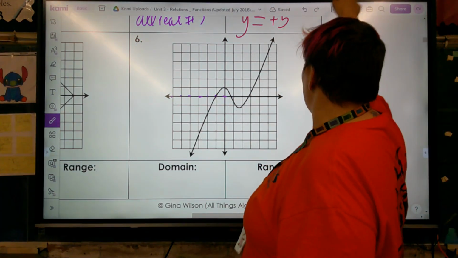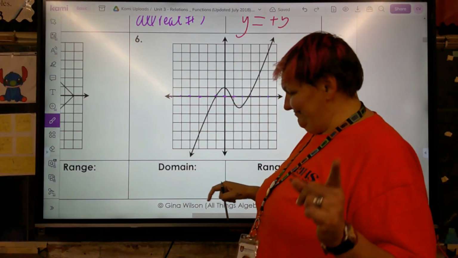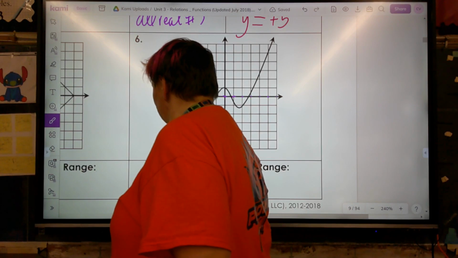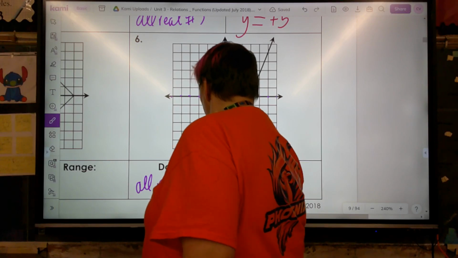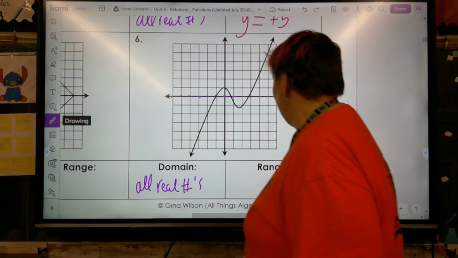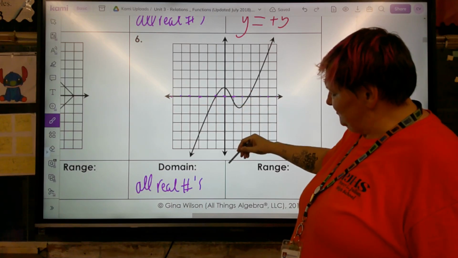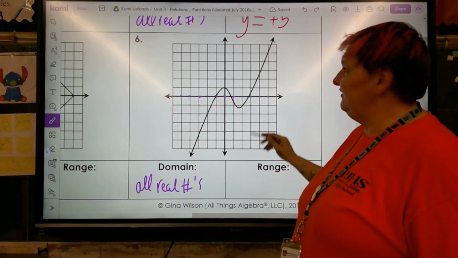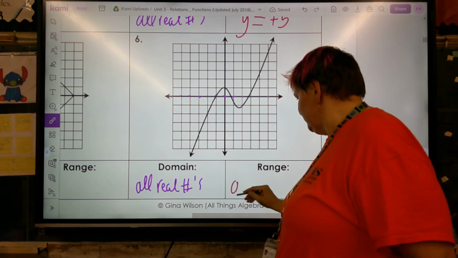And it's going to go forever in this direction, so it's going to hit all of these, all real numbers. And the range, well, it looks like it goes forever in both directions. So, all real numbers.